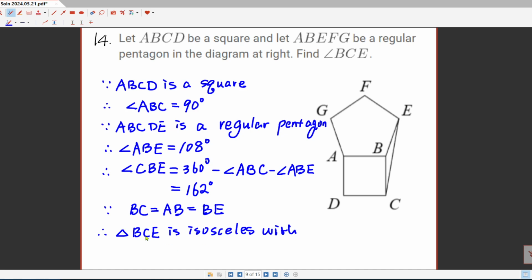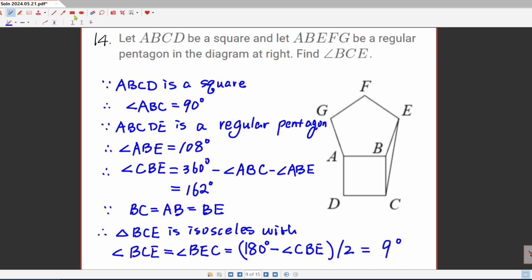So angle BCE equals angle BEC, and that can be calculated by 180 degrees minus angle CBE, divided by 2, and that gives us 9 degrees, right? So the final solution is 9 degrees for angle BCE.